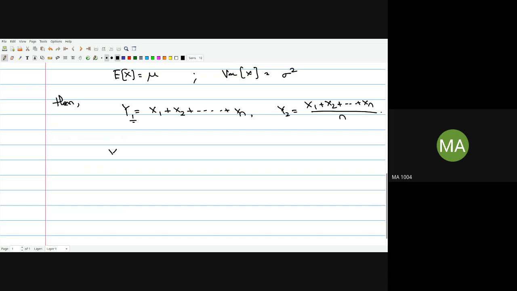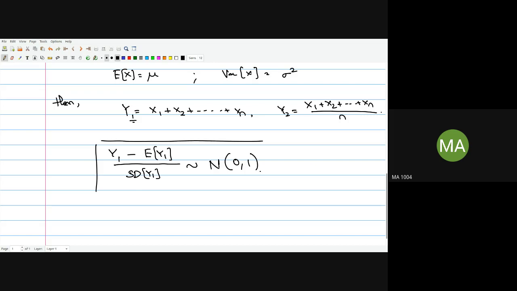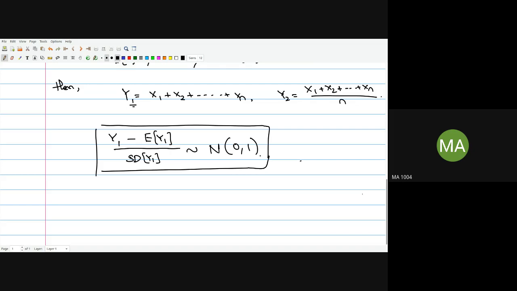Now this y1 minus expected value of y1 divided by standard deviation of y1 will follow standard normal 0, 1. So if you remember in week 3 or week 4, we had standardization.